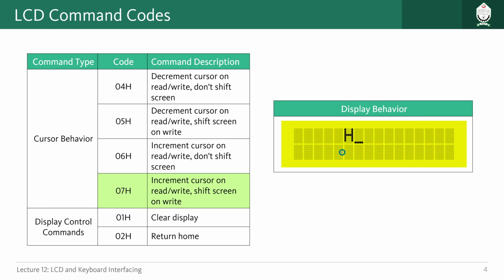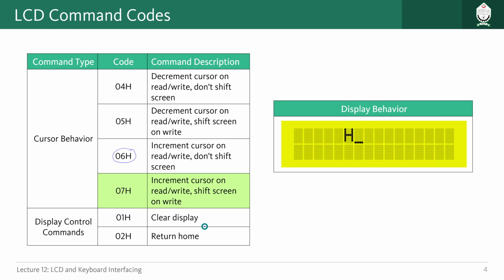The cursor is moving to the right, and the display is moving to the left. As a result, the cursor seems fixed and only the characters are moving to the left. But in most of the cases, this is the one we are going to use.